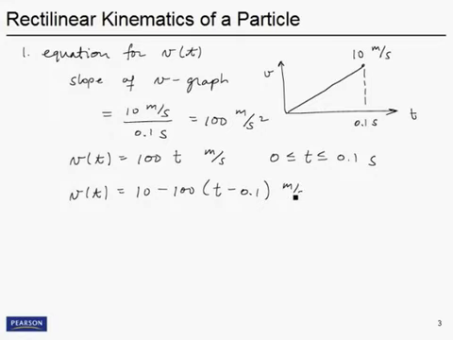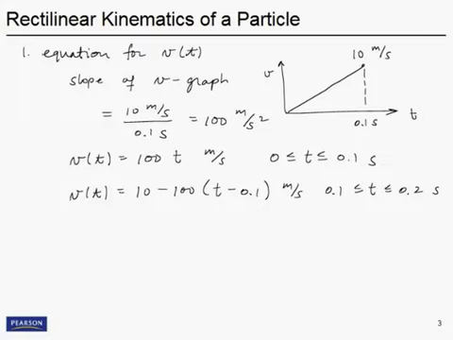Again, that's in meters per second, and that's good from 0.1 to 0.2 seconds.